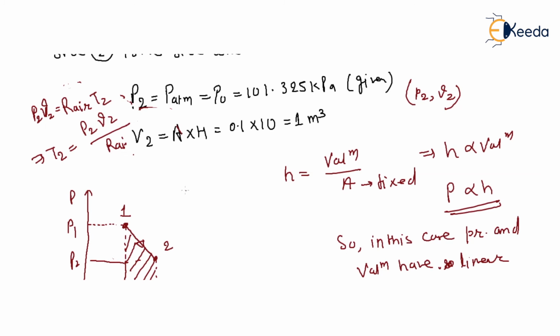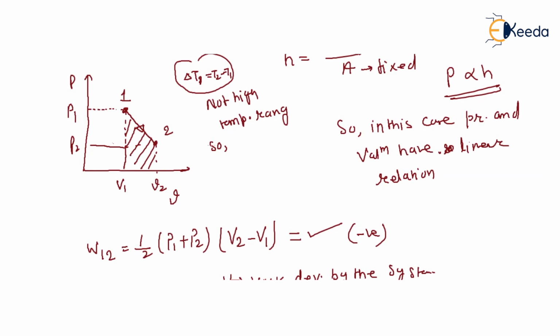If you see the difference, delta T, T2 minus T1, it is not a high temperature range. If it is not a high temperature range, it behaves as an ideal gas. So if we treat it as an ideal gas, Cp and Cv are constant, right? Okay, thank you.